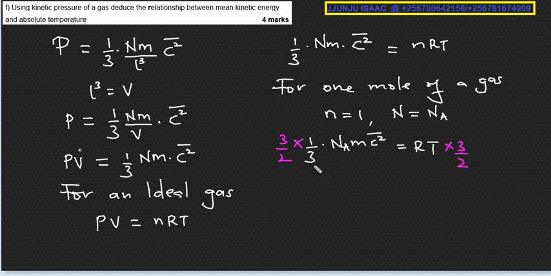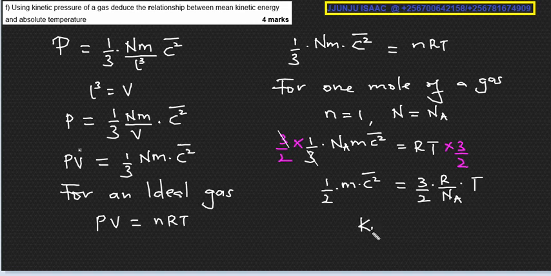Now this 3 cancels with that, so we shall get a half times m times the mean square speed equal to 3 over 2 times R, then over Na, because I'm going to take this N to the other side, then times T.